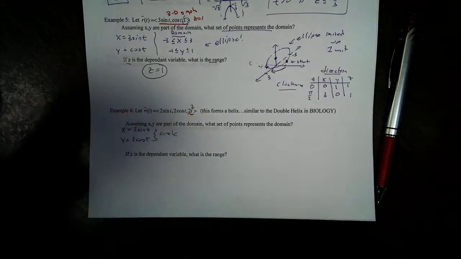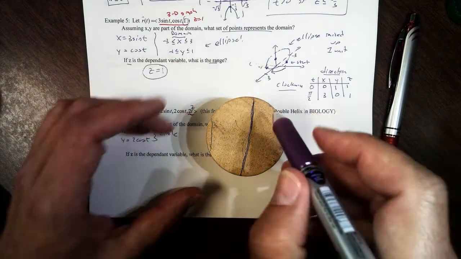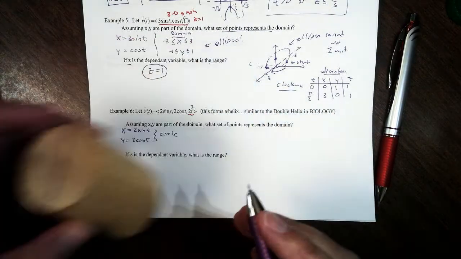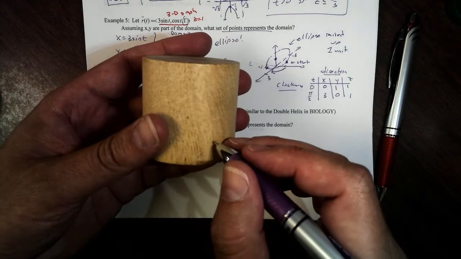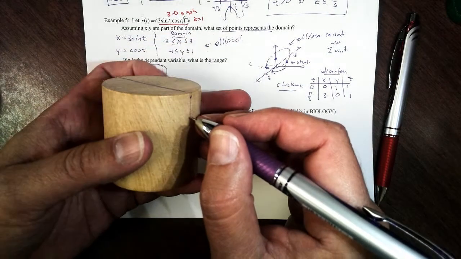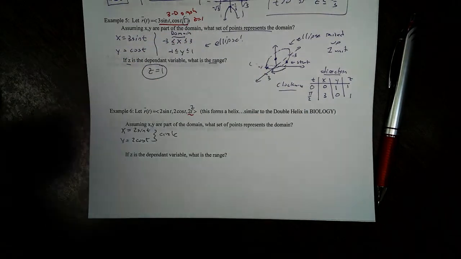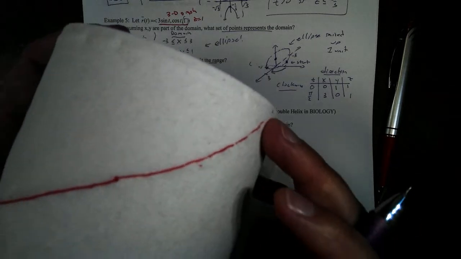So if I have my circle, what's going to happen is it's going to go around in a circle, but it's going to start to raise. As t increases, we're going to start to raise up. And what you wind up with, if we go back to our toilet paper roll of mathematics, is a spiral right here.